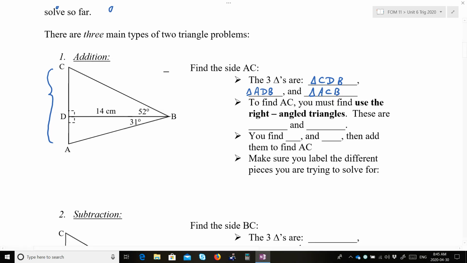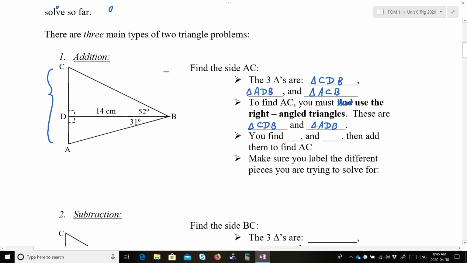To find AC, you must use the right-angled triangles. These are triangle CDB and triangle ADB.